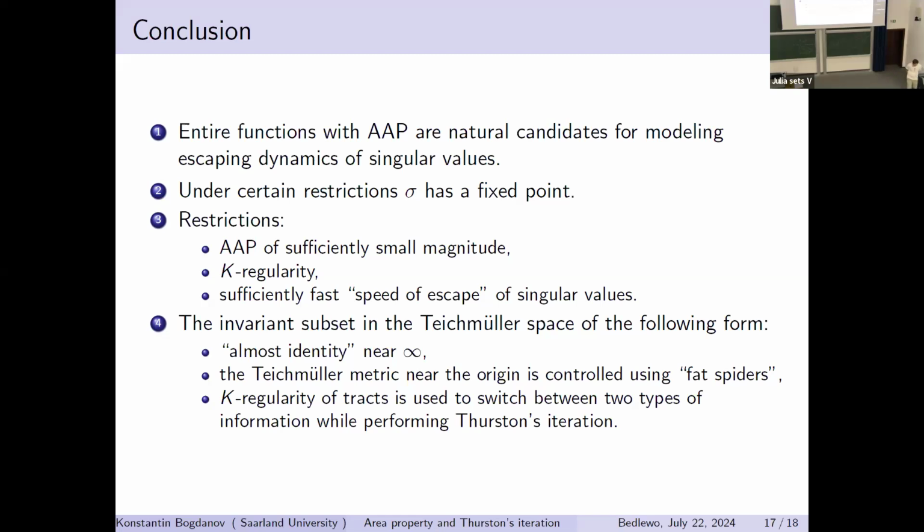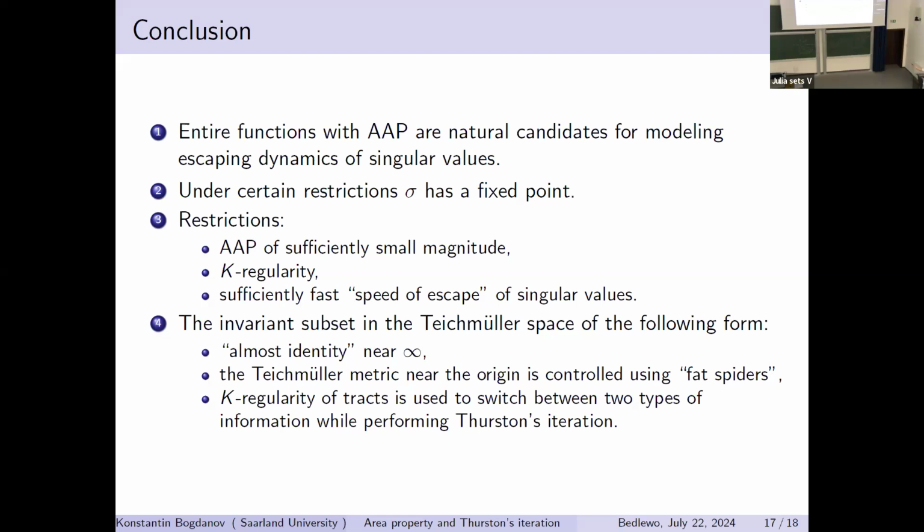Intuitively, it feels to me that the chance is quite big. The asymptotic area property feels slightly more difficult to satisfy than just the area property. And for the area property, I think that 10 years ago, people did not even know an example of a function from a Speiser class which does not have an area property. Well, actually there are, but it's not that easy.